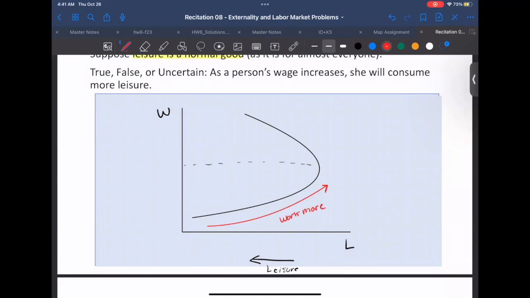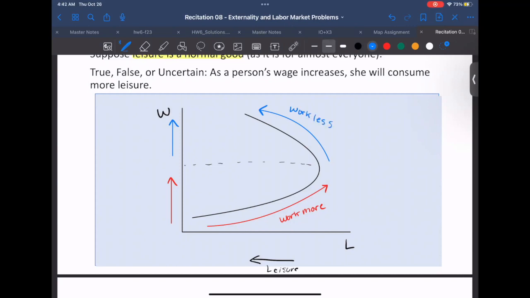But when our wage increases past a certain point where you become Jeff Bezos, where every increase in wage becomes very marginal, the income effect starts to tell you to work less.